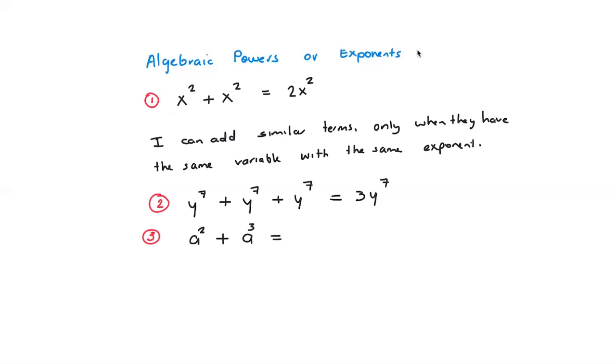Actually, again, no, because a to the second and a to the third cannot be added. They do not have exactly the same variable with exactly the same exponents. So the answer there will have to be me leaving the things as they are, because these are not addable terms. These terms do not have the same exponent, so they cannot be added.